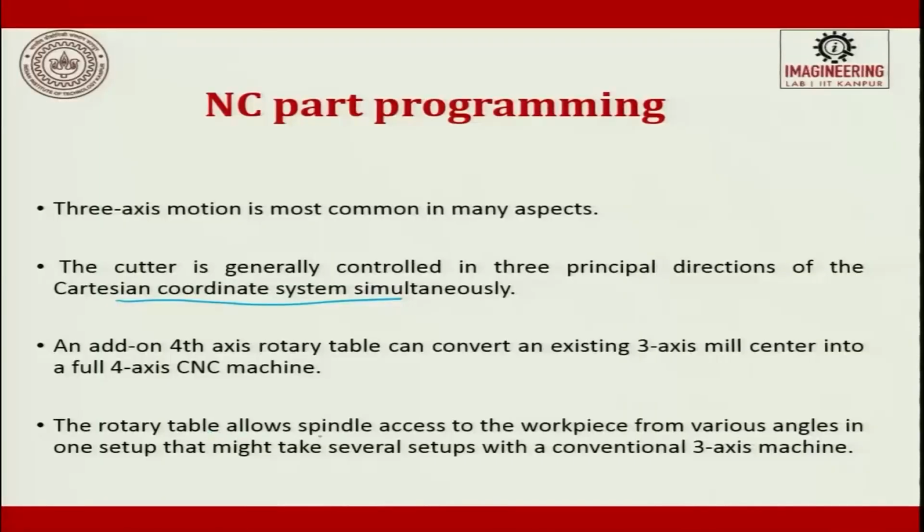A rotary table allows spindle access to the workpiece from various angles in one setup that might take several setups with a conventional 3-axis machine. For example, last lecture we saw on a cylindrical shaft, you had a square which is made and then holes made. So, all these things, if they have to be done in one go, in one setting, then we go for higher and higher axes.